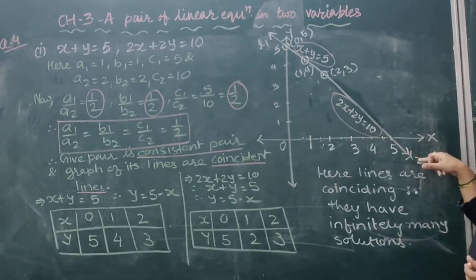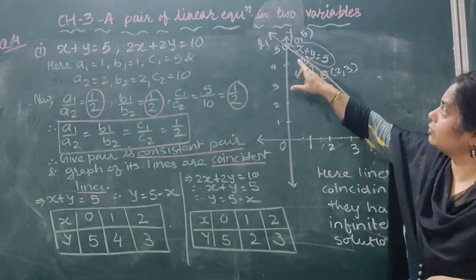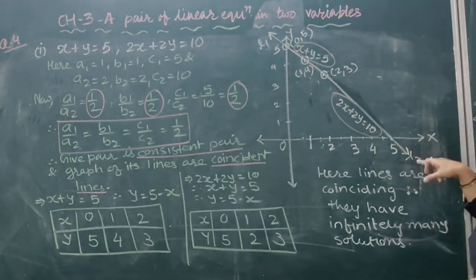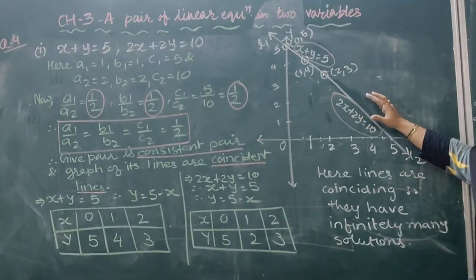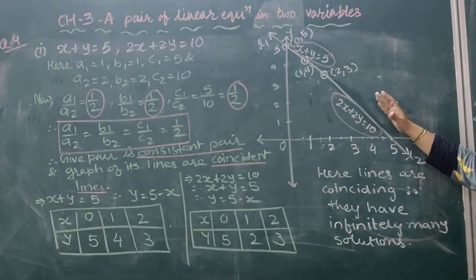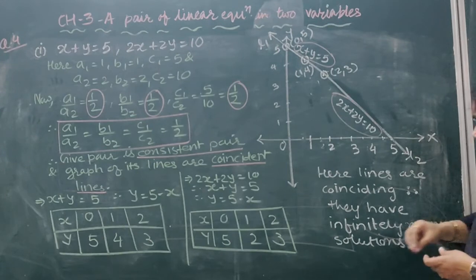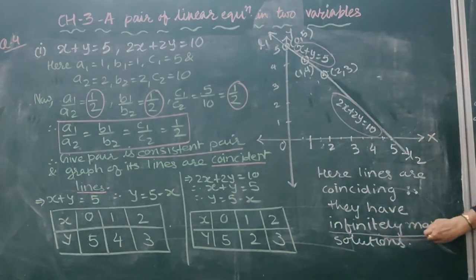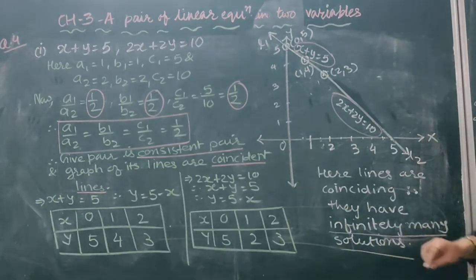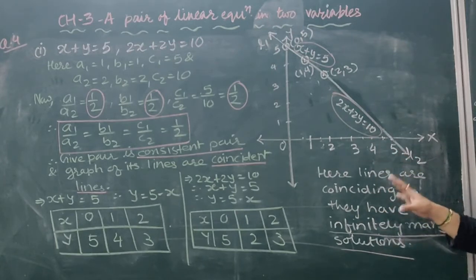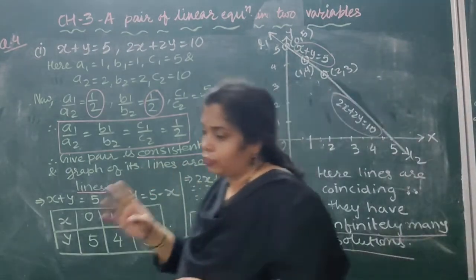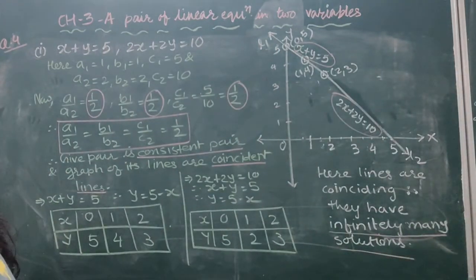And after drawing the line through these points, I will say that these are coincident lines, and coincident lines mean they have infinitely many solutions. Is it clear? Okay. Now the same method you have to apply for the next examples.